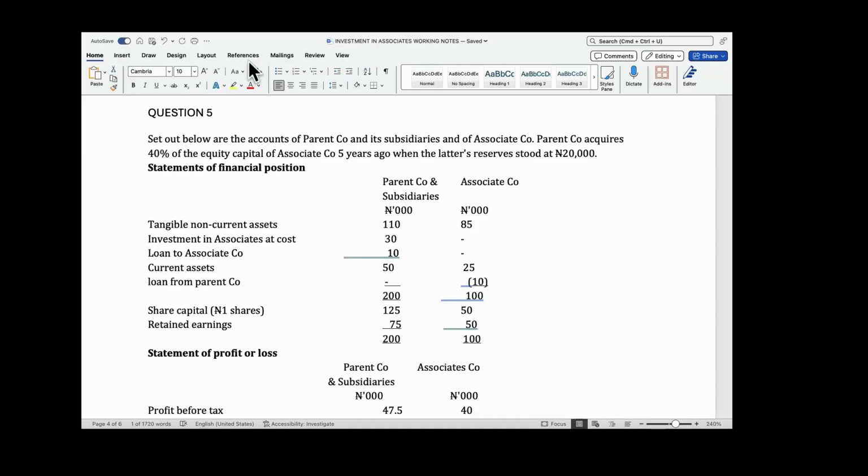So no, the post is 30. Thank you, Eno. So the post is 30. Michael, this 20 is the pre-acquisition profit, which is the reserve of the associate when we acquired him, meaning that is the profit he has made before we acquired him. So that's pre.